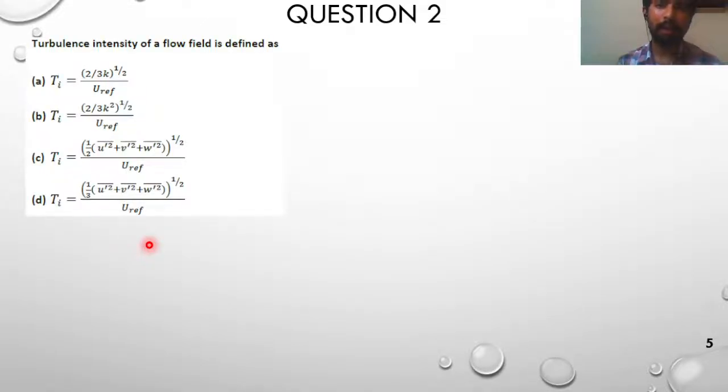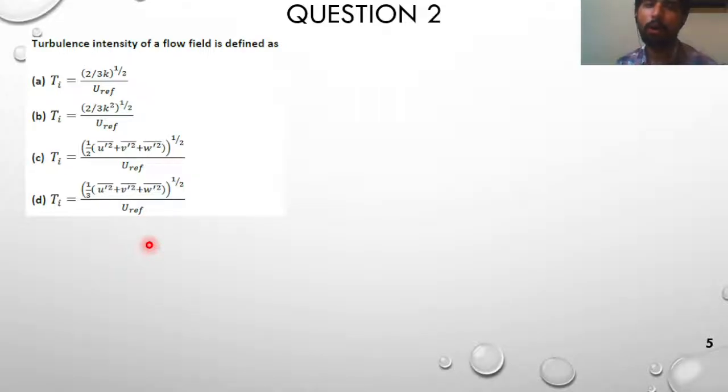Now coming to the second question, which is mainly based on turbulence intensity. Turbulence intensity of a flow field is defined as, like, how do you define the turbulence intensity of the flow field? That is the question being asked. As I said earlier, we are mainly interested in the statistics of turbulence.